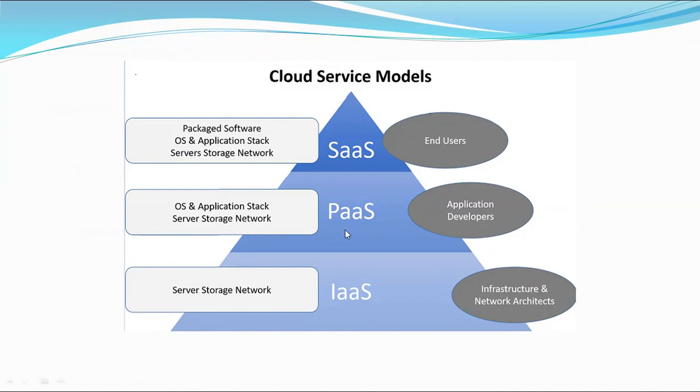In general, we can categorize the resources into three types. One is infrastructure as a service, another is a platform where we can develop the application, and the third is a pre-developed application, like software.